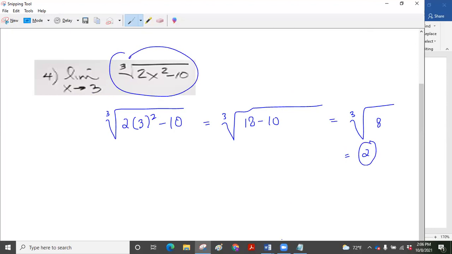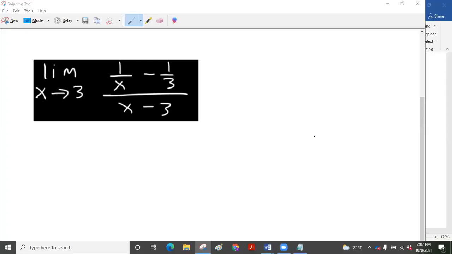This question will require some algebraic manipulation. The idea here is to say, okay, well, the limit as x approaches 3, first work on simply simplifying the numerator, which is 3x, 3 minus x.